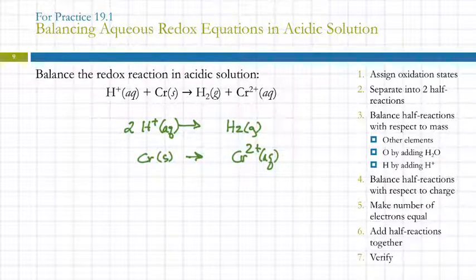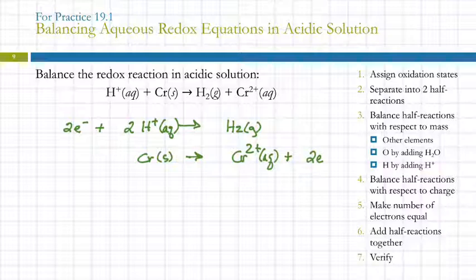Next, I balance for charge. So up here, I've got 2 positive charges on the left and 0 on the right. So if I add in 2 electrons over here, 2 negatives and 2 positives add up to 0. Down here, I've got a +2 on the right.